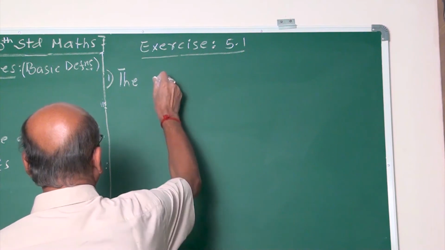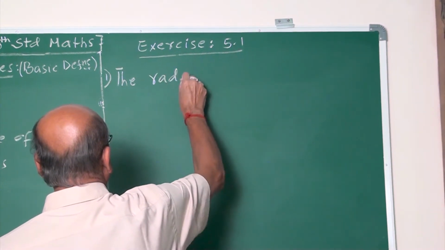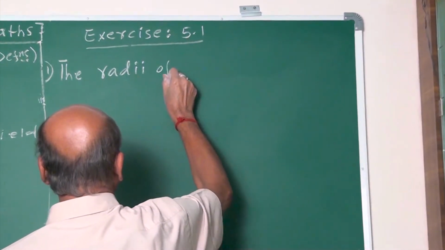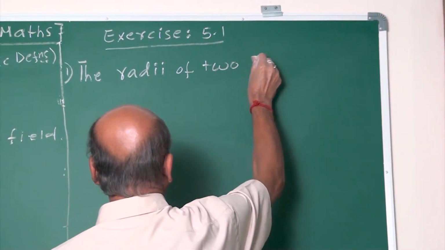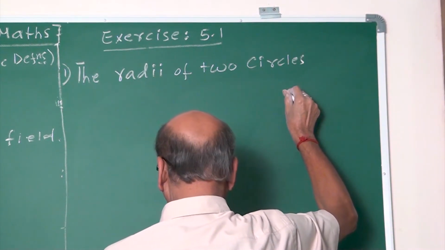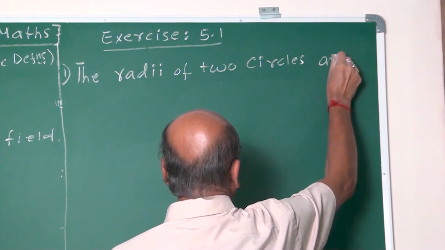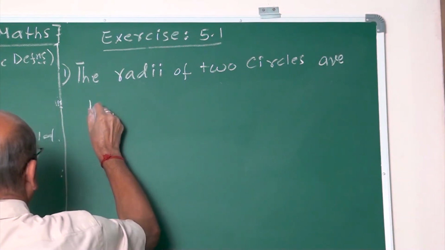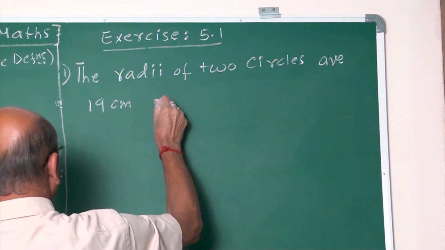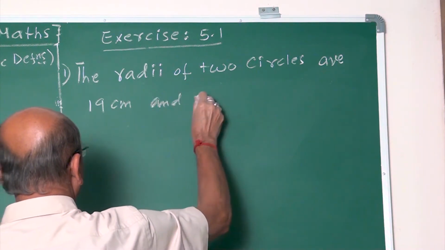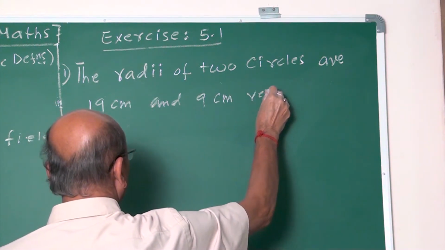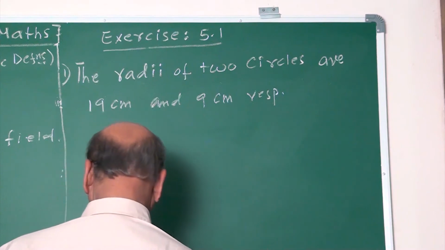The radii of 2 circles are 19 centimeter and 9 centimeter respectively. Yes, my friends.